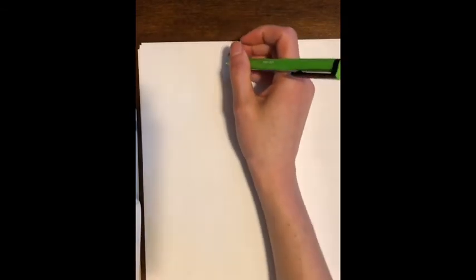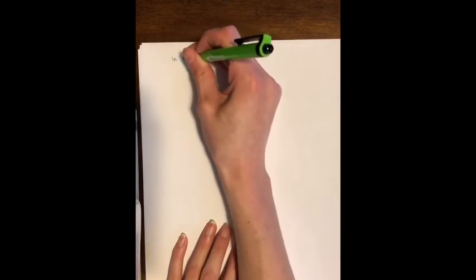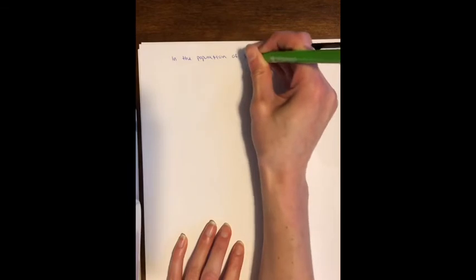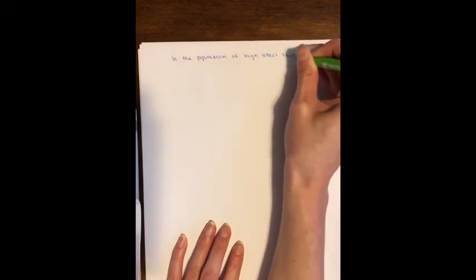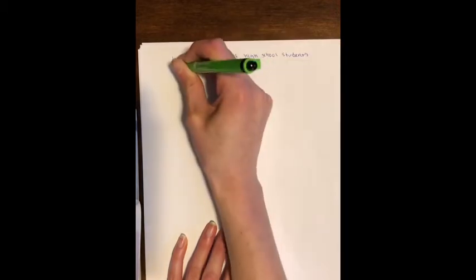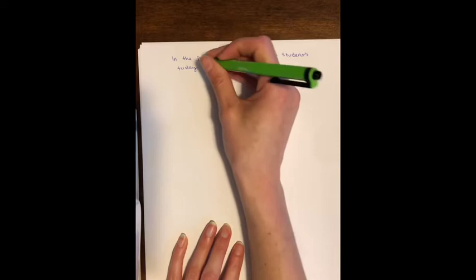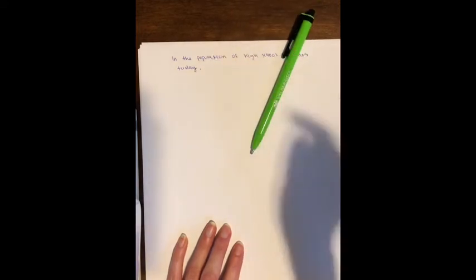The nitty gritty here. So let's say we're looking at, I don't know, in the population of high school students today, I should have Googled this before, but let's say, I'm gonna Google it now, so I'm gonna pause the video.